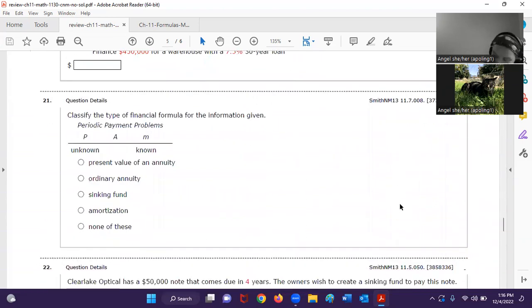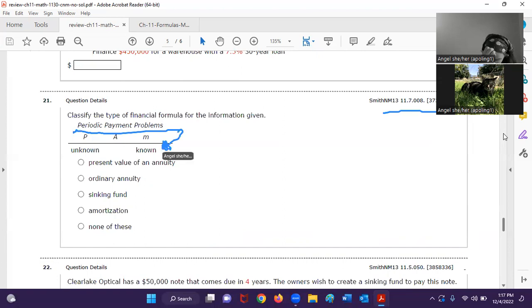All right, another one of the 11.7 questions, which we have to do every single time anyway when we go look up a formula, right? We're like, what did they give us? What are they asking for, right? Here they're asking for M. Oh, M is known, actually.